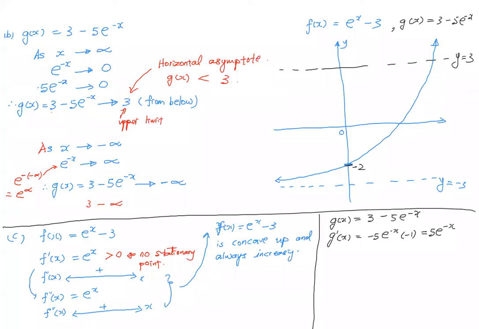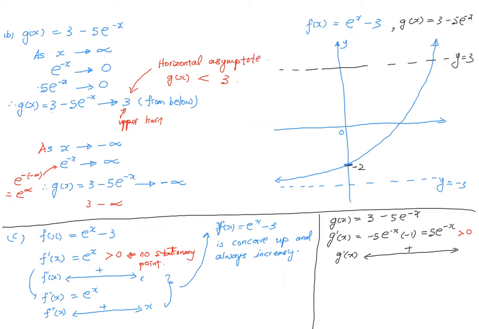So this is also always greater than 0. So I can straight away draw the sign diagram of g prime x. So it's always positive.